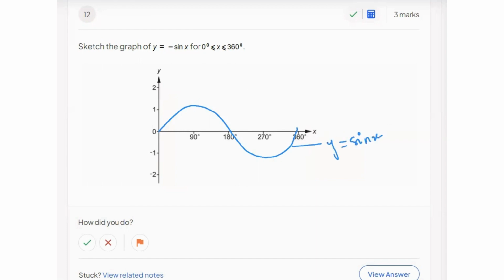For y equals negative sine x, we're going to reflect it in the x-axis. So it's going to be like this. Whatever was positive for y becomes negative and x remains the same. So positive 1 becomes negative and negative 1 becomes positive. And that is your answer.